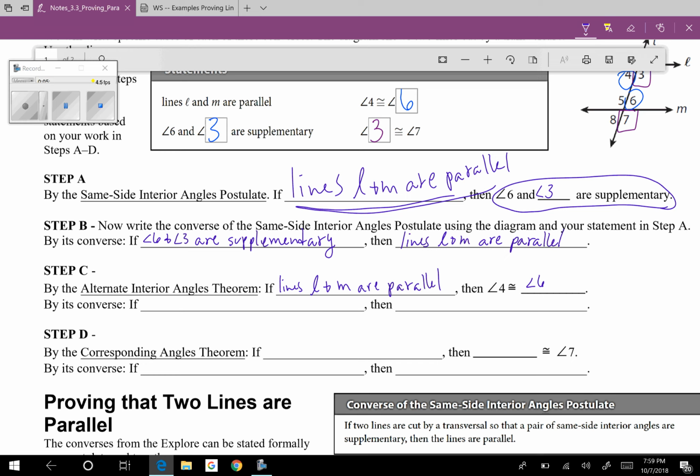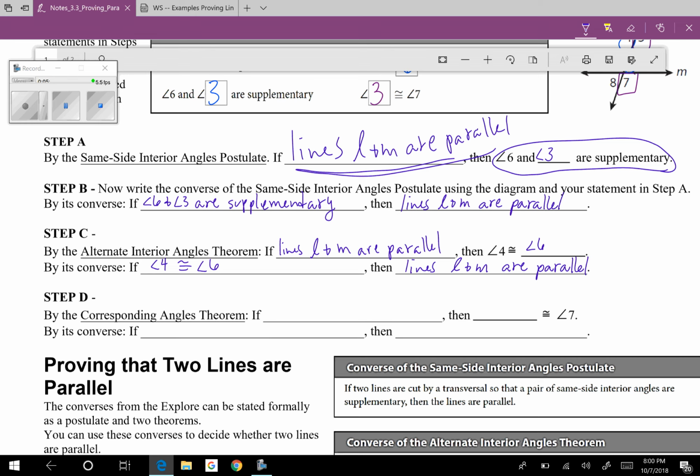Okay, so now the converse. Start with our conclusion first. If angle 4 is congruent to angle 6, then we can say lines L and M are parallel. So we're just switching it.